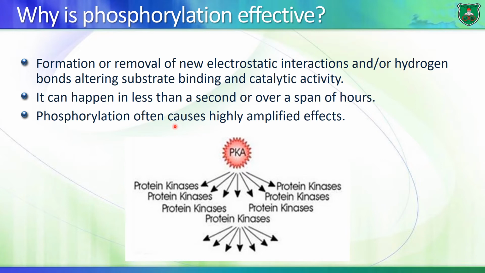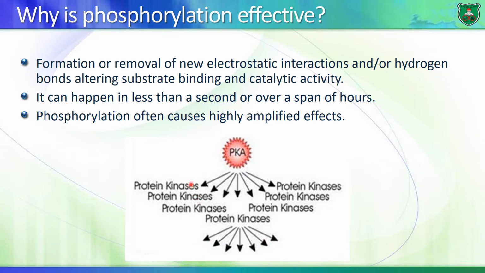The other thing is that phosphorylation causes highly amplified effects. What do we mean by that? Protein kinase A can phosphorylate many molecules of kinases, and each kinase can act on many targets.